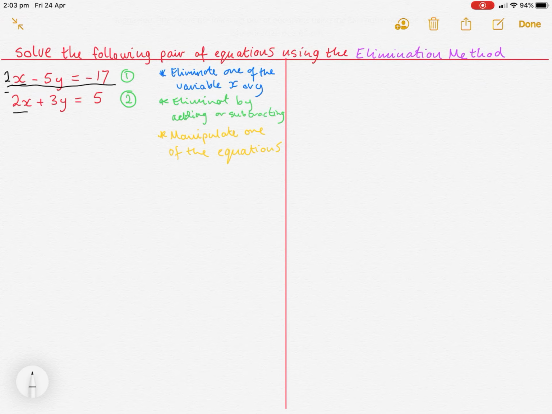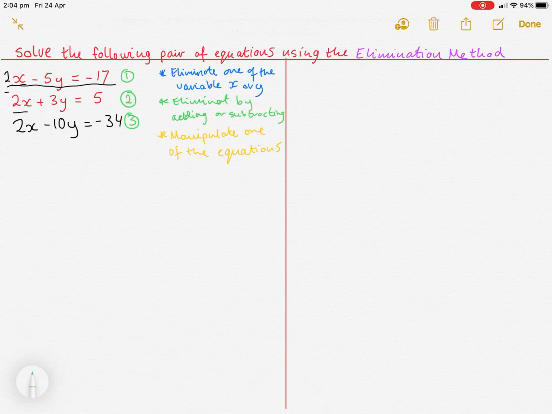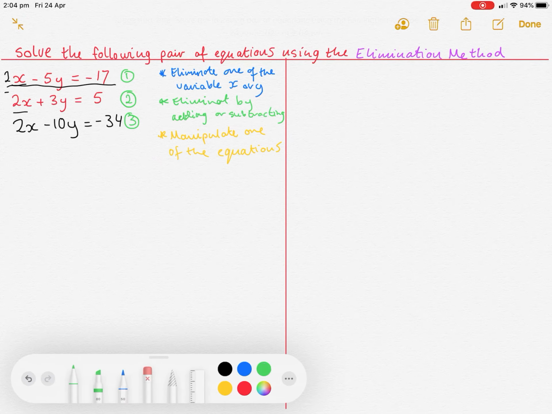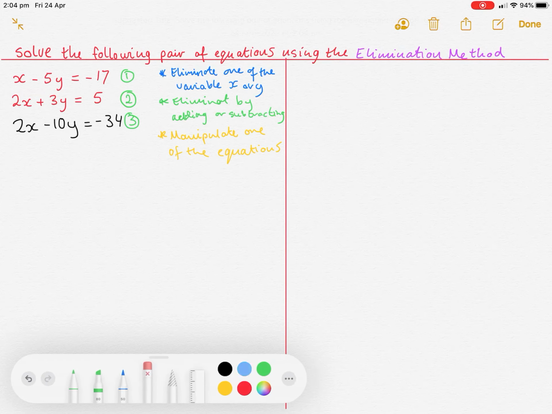So if I multiply every term here by 2, you'll end up with 2x minus 10y, because 2 times negative 5 is negative 10, equals negative 17 times 2, which is negative 34. So we've now got a third equation here, don't we? We're allowed to do that.